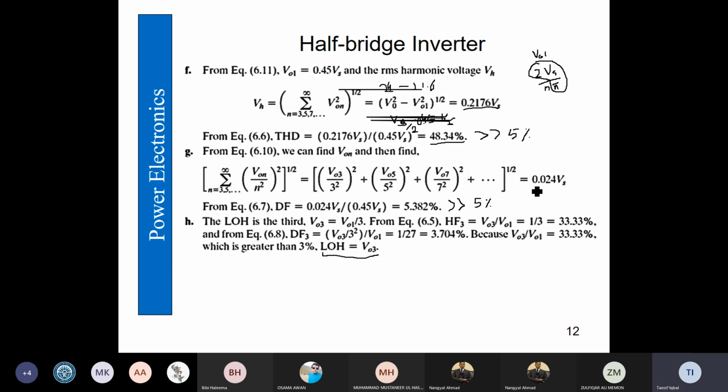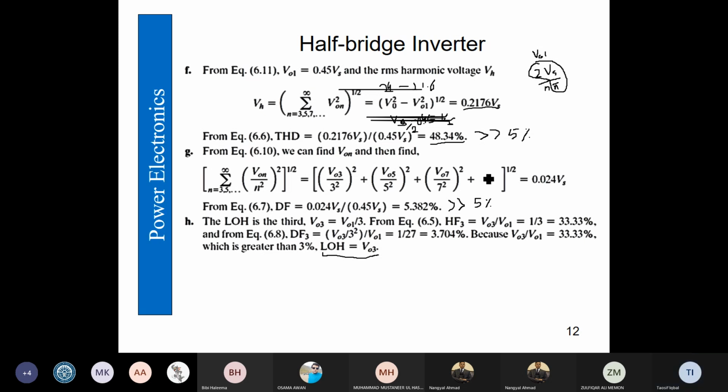And then finally, we get the harmonic factor of all these harmonics, and therefore we get the numerator as 0.024 of the supply voltage, whereas VO1 is 0.45 of Vs, so therefore the distortion factor is 5.38%, which is again higher than 5%.